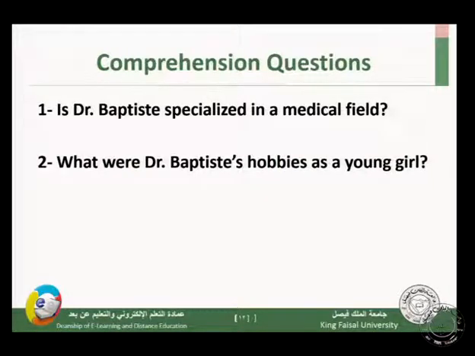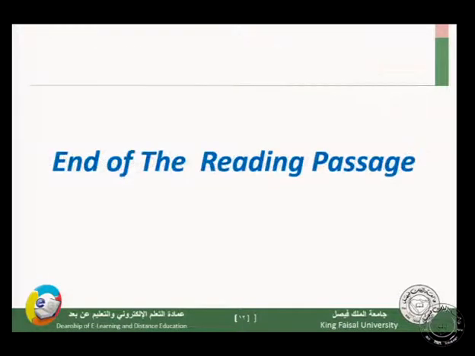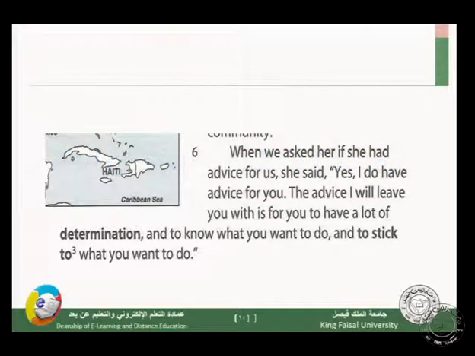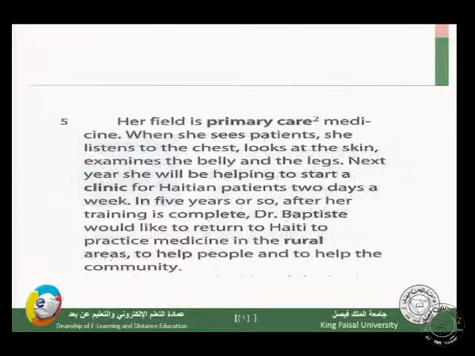Question number 2. What were Dr. Batiste's hobbies as a young girl? Okay, what are the hobbies? What usually she likes to do? What kind of things she did when she was young?